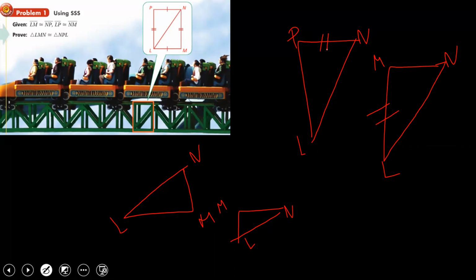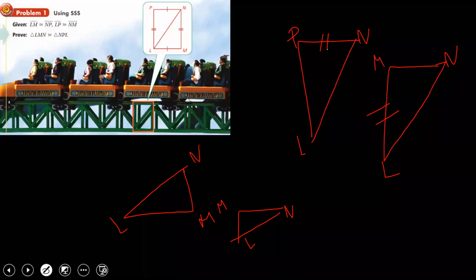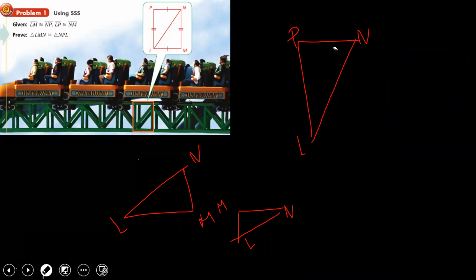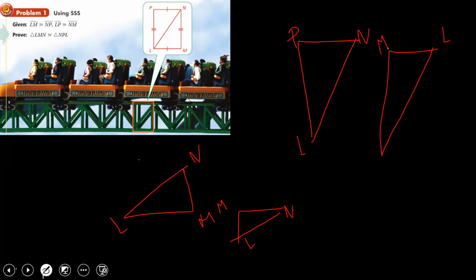So it has to be NPL, and the second triangle has to be LMN, with the same corresponding order.